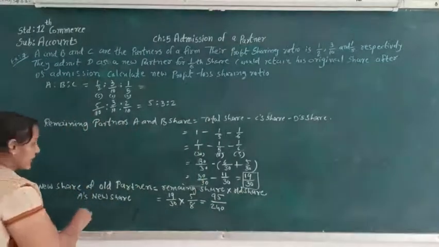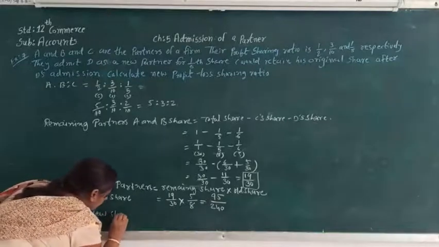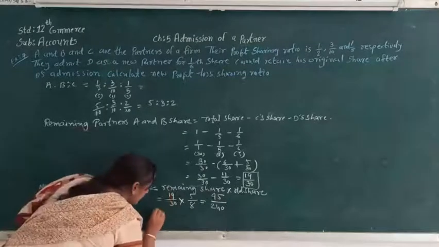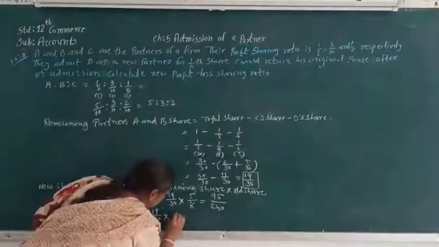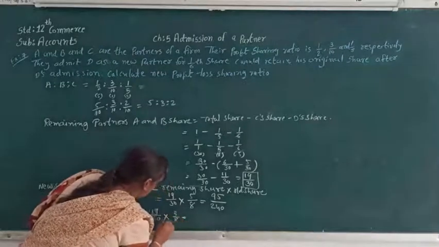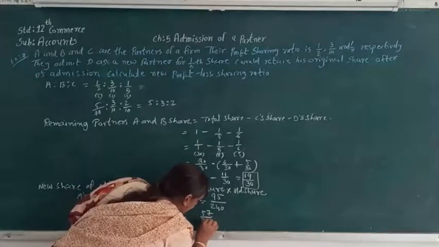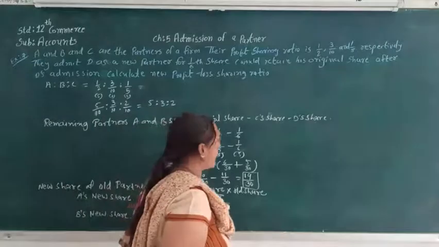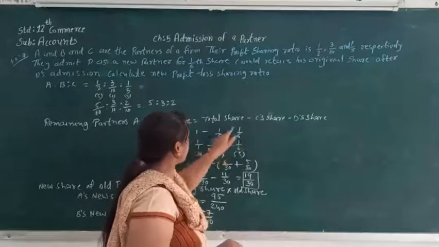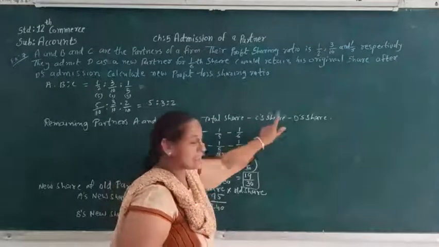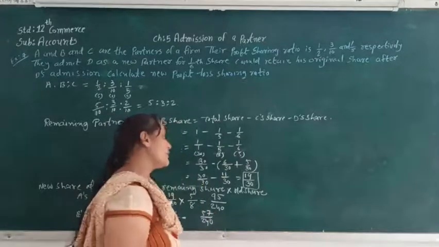Now let's find out B's new share. So B's new share is equal to remaining share 19 by 30 into 3 by 8. So it will be 19 3s are 57 upon 240. Now we have to take C's and D's share, that is C's share is 1 by 5 and D's share is 1 by 6, up to the 240, so that we can find out the ratio.